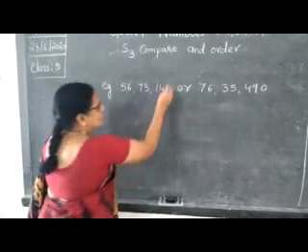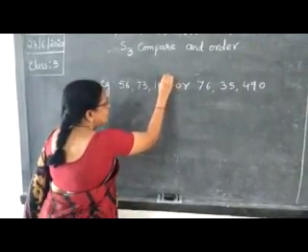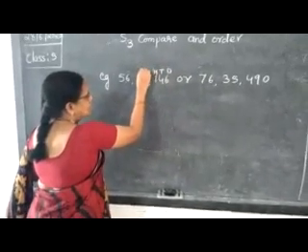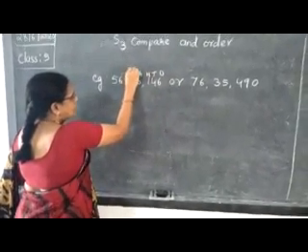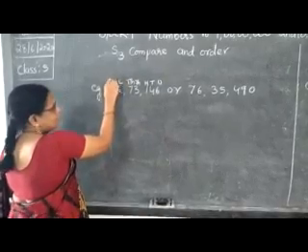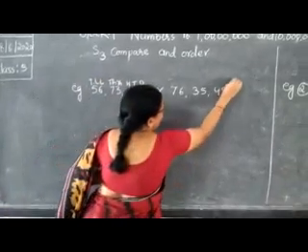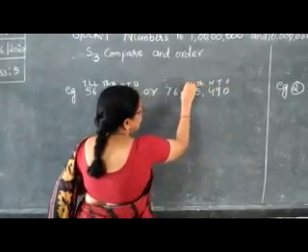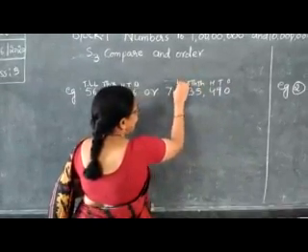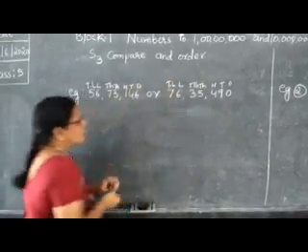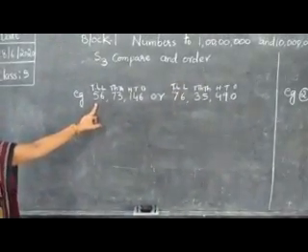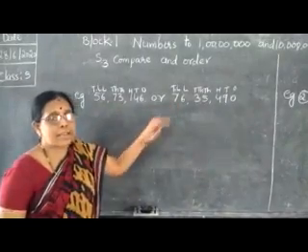So here I will write the place values: ones, tens, hundreds, thousands, 10,000s, lakhs, 10 lakhs. Here is the 10 lakhs place, children. Here 5 is there, here 7 is there.